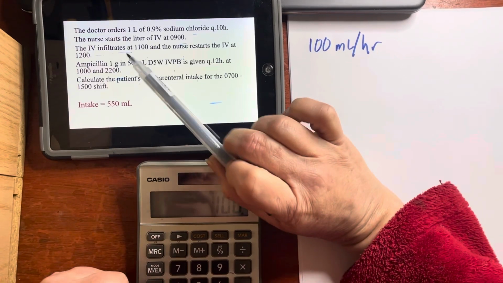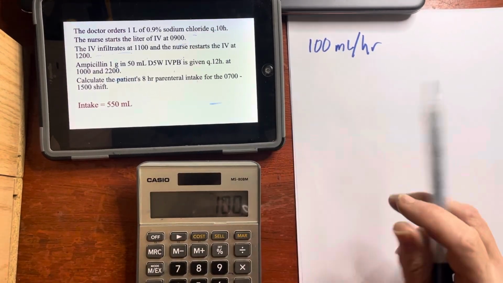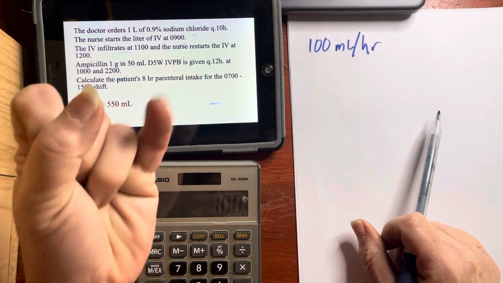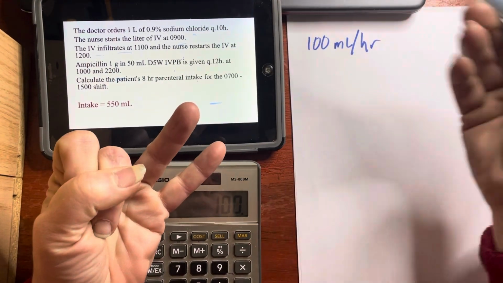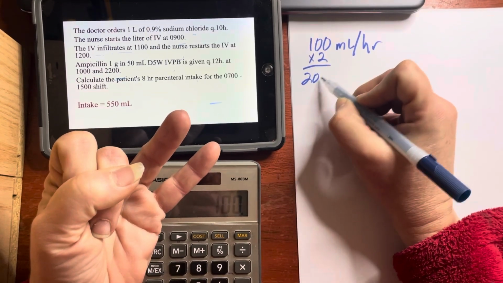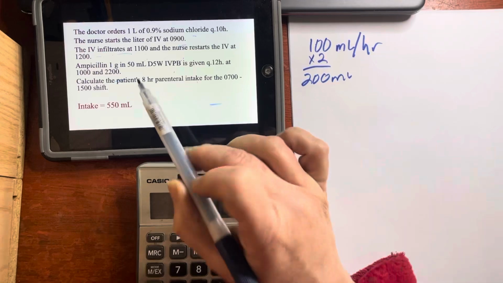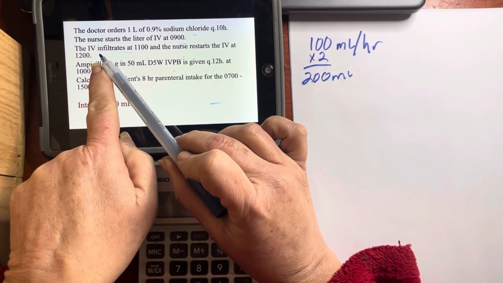So she started it at 9 a.m. So 9 to 10, 10 to 11, because at 11 it infiltrated. So I'm going to do times 2, and so we're at 200 milliliters of the IV. So then she restarted it at 12.